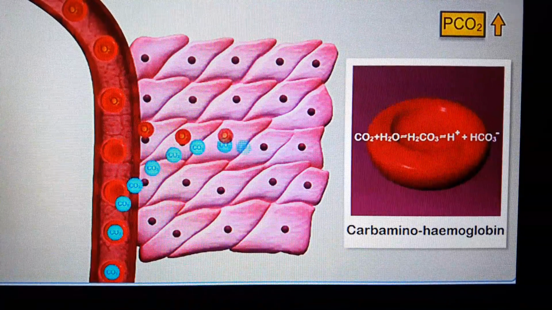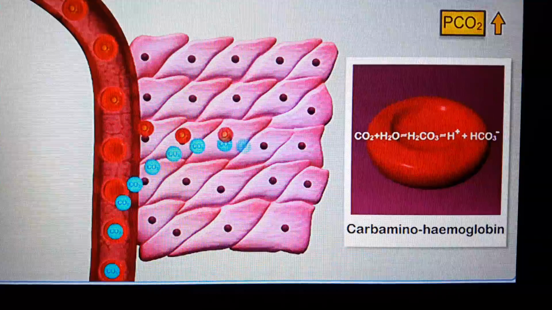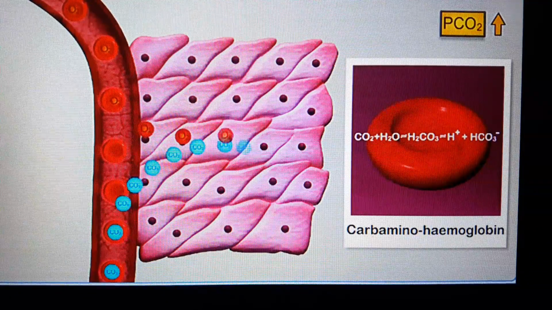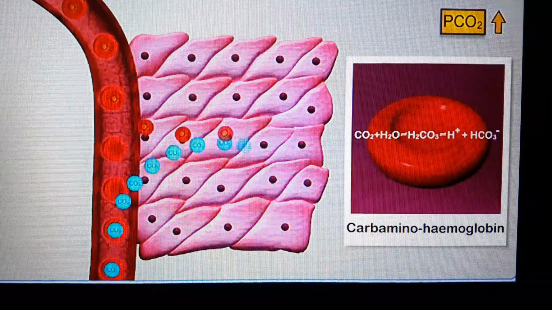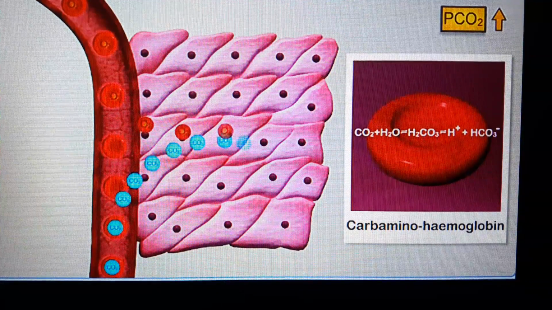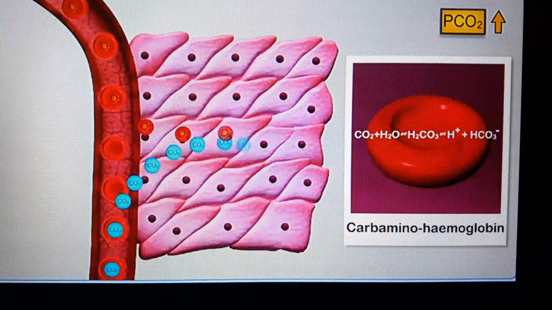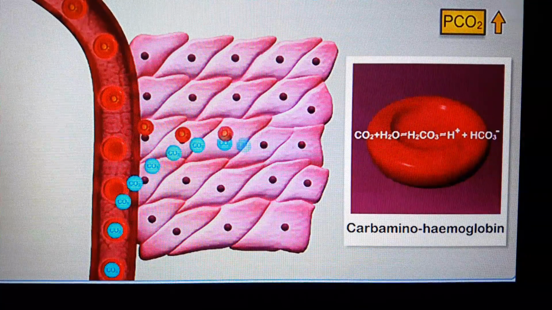At the tissue site, where the partial pressure PCO2 is high, due to catabolism carbon dioxide diffuses into the blood, RBC and plasma, and forms bicarbonate ions and hydrogen ions.